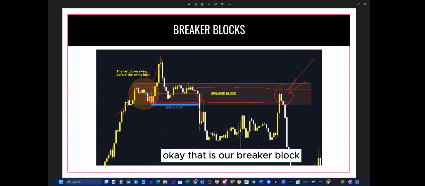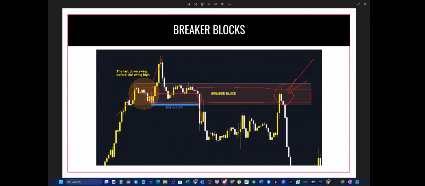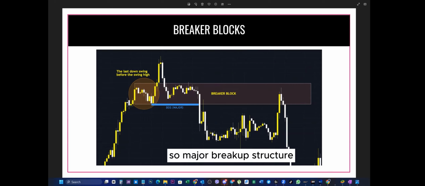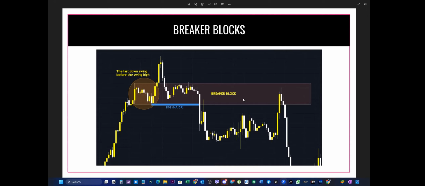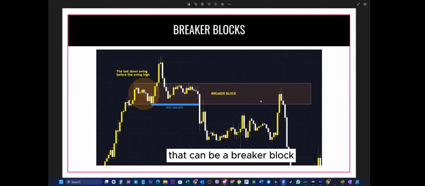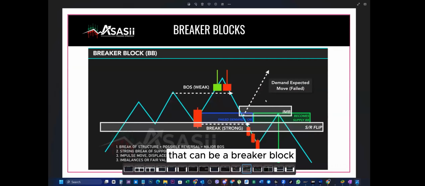Okay, that is our breaker block. So, major breakup structure, as you can see on the picture, creates a confirmation that our OB can become, probably, na maging breaker block natin.